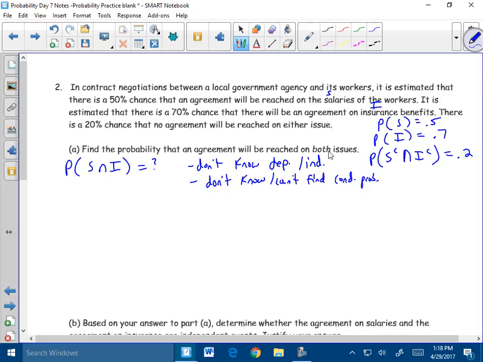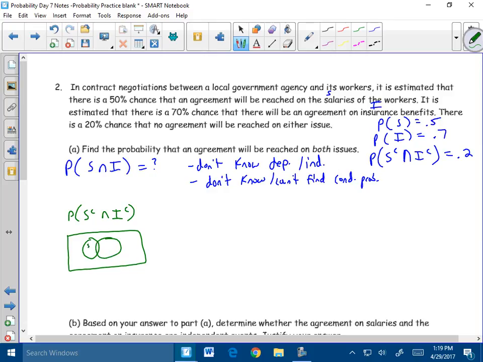Okay. But they did give us one other piece of information here, which has to be helpful somehow. That this 20% chance that no agreement will be reached on either issue. Okay, so let's see if we can break that down and think about what that means. So, the probability of not S and not I. If I were to draw that with a Venn diagram, way too small.